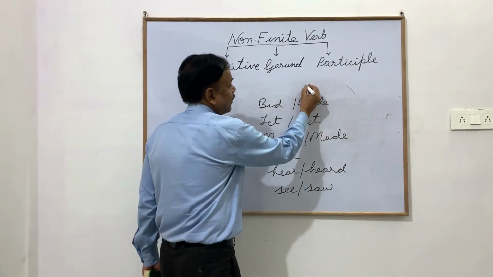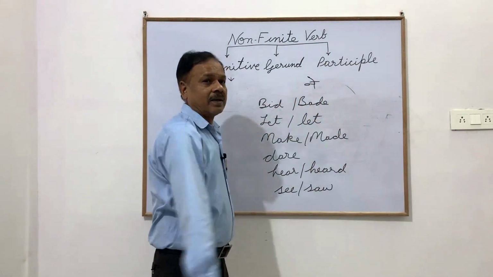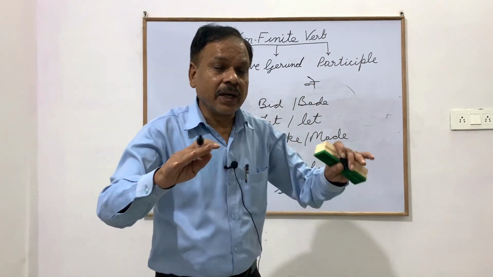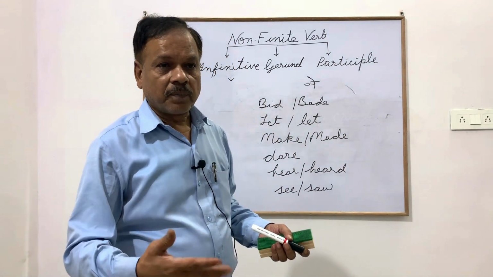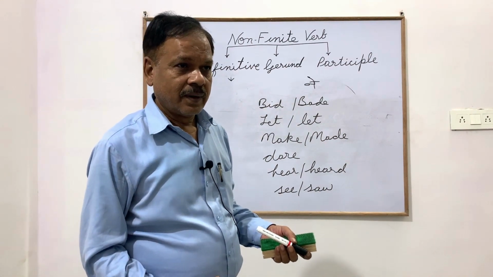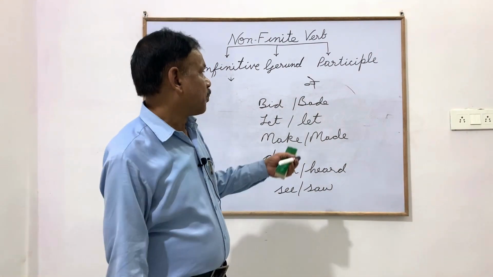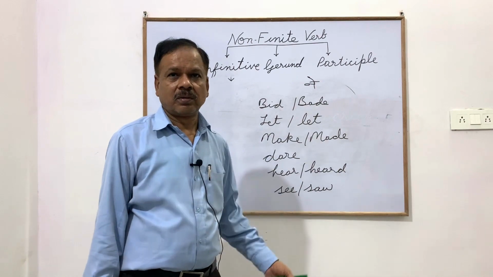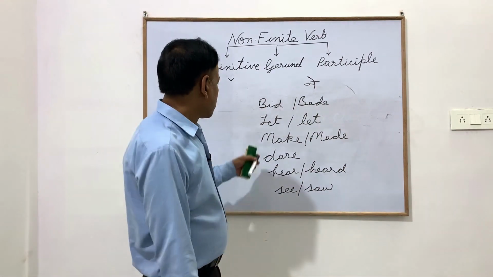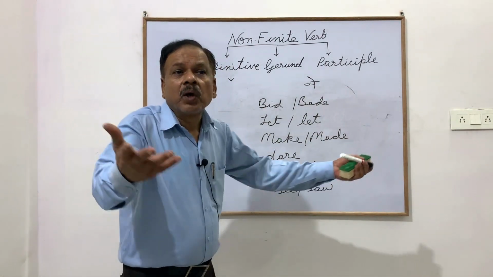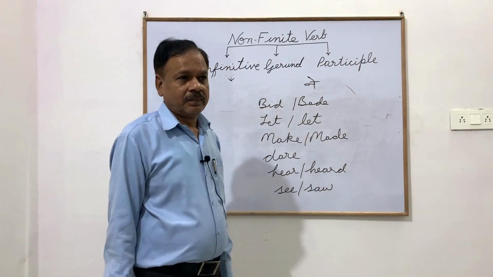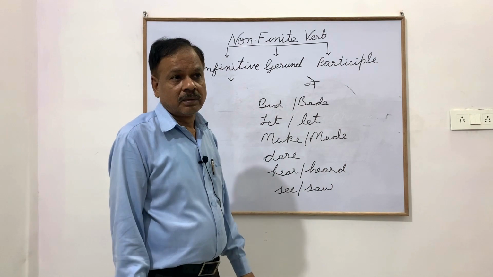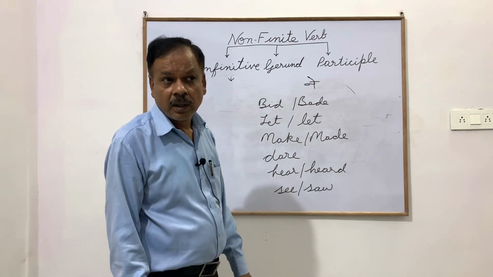See, in Hindi and in all other Indian languages which came out from Sanskrit, there is also some kind of pattern to express this. Suppose I say, let me go, let me play. Then what does that mean? मुझे जाने दो.